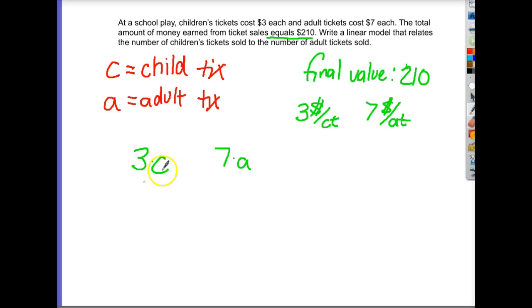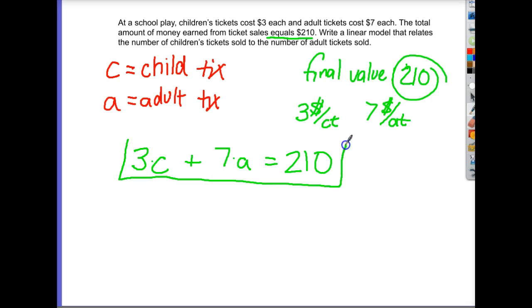If this is the amount of money I make from selling child's tickets, and this is the amount of money I make selling adults tickets, then I know when I add them up, it has to equal 210. And there you go. This is a line, and you've seen that in the previous lessons. What form of a line is this? This is standard form of a line.